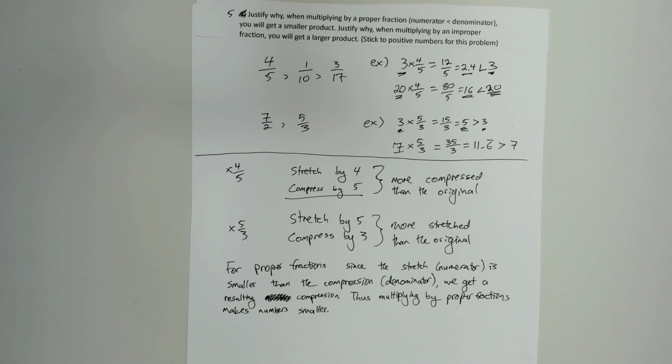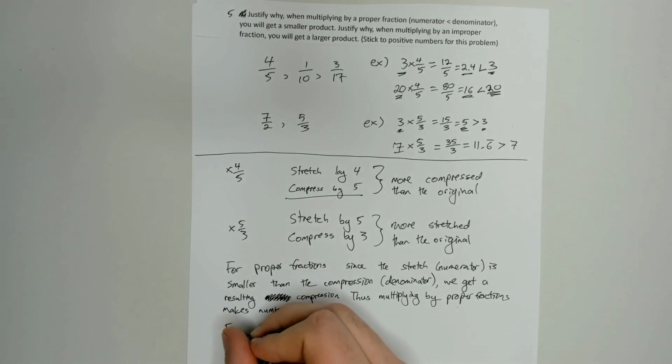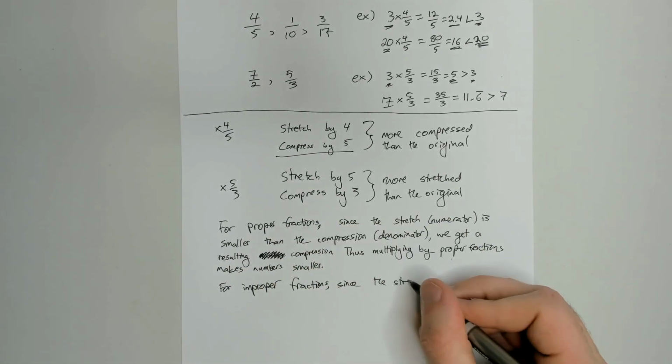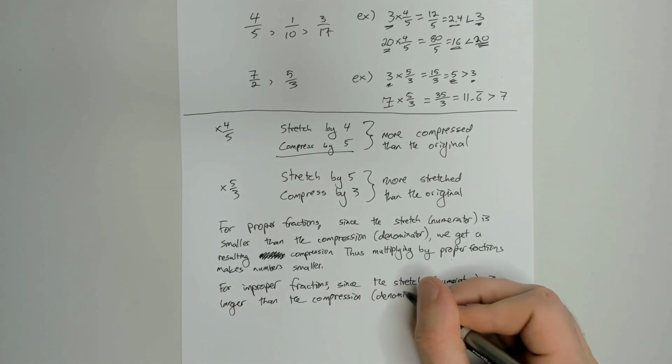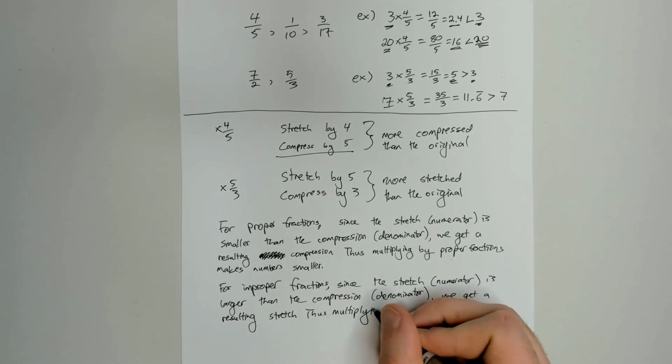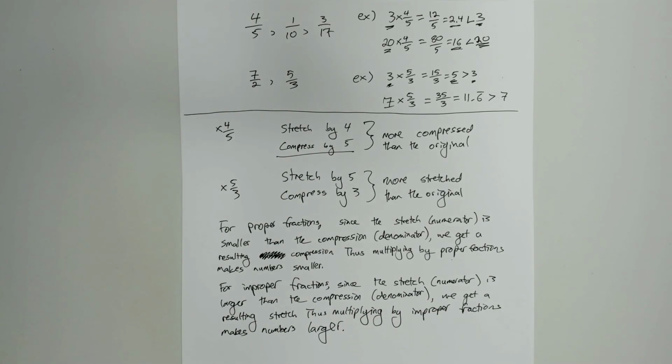And then it's just the opposite for improper fractions. Since the stretch, or the numerator, is larger than the denominator, which is the compression, we get a resulting stretch, right? More stretch than compression means overall we've stretched it more.